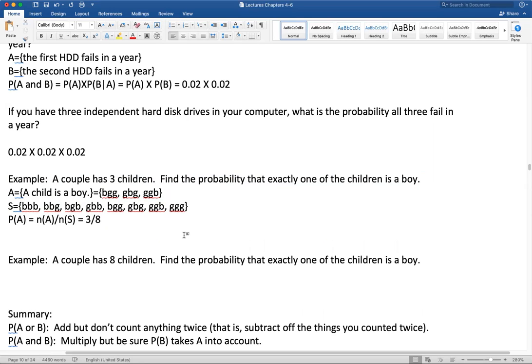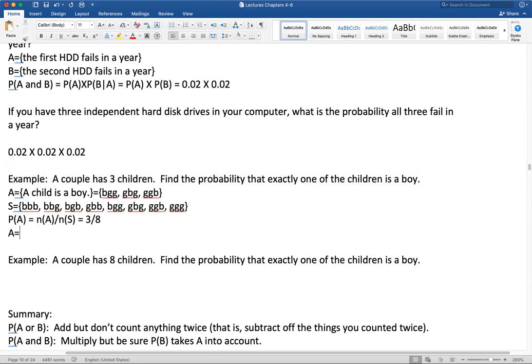We can figure out that probability by applying the multiplication rule. How come? Because look at this.